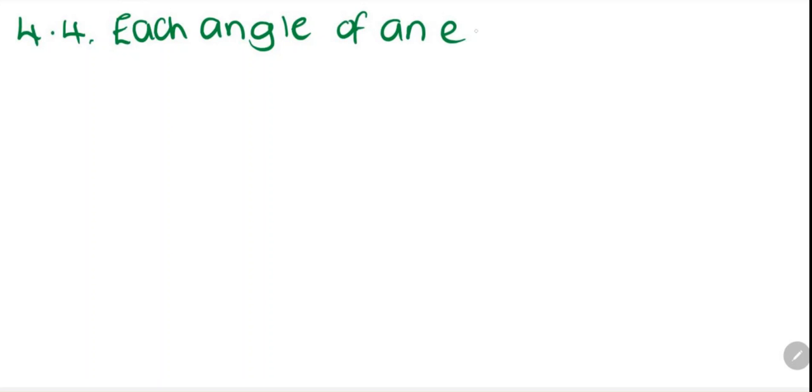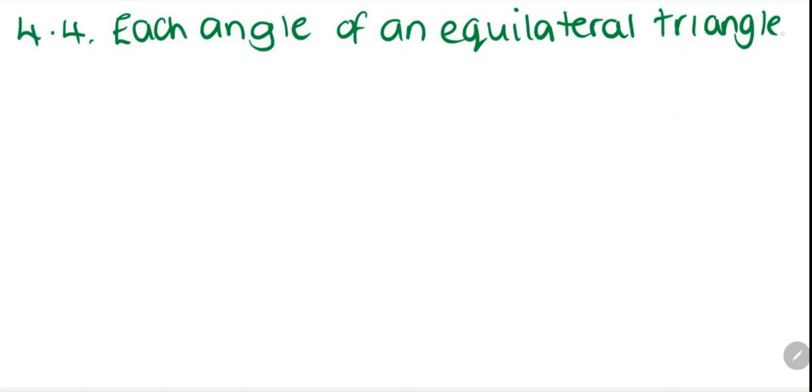So 4.4, each angle of an equilateral triangle measures 60 degrees.